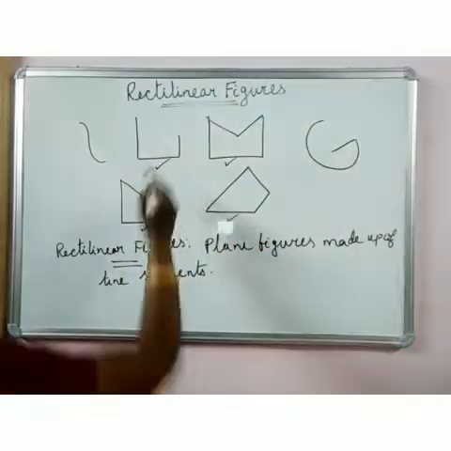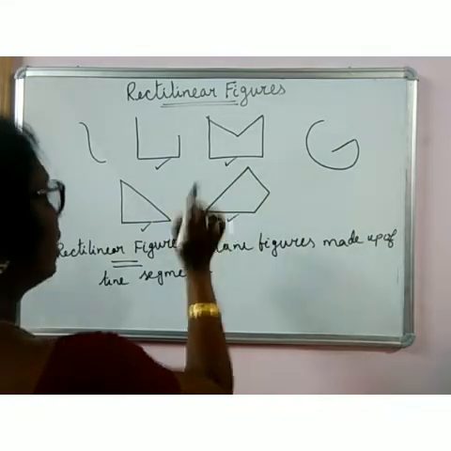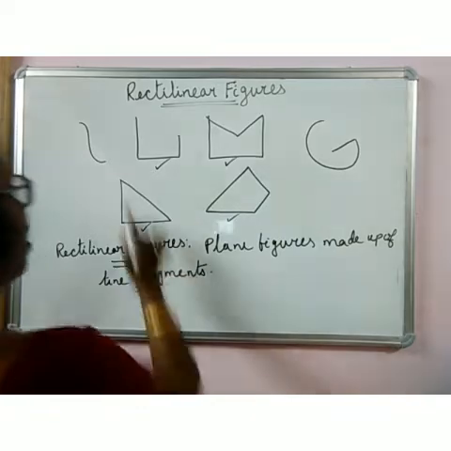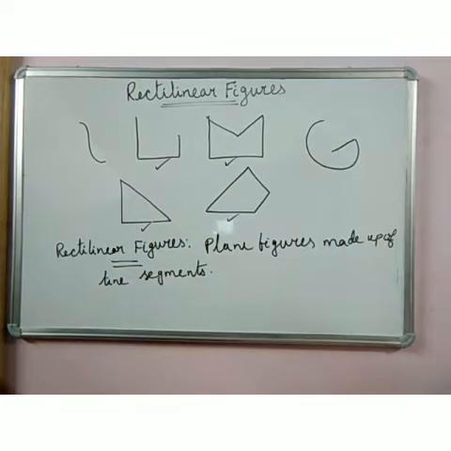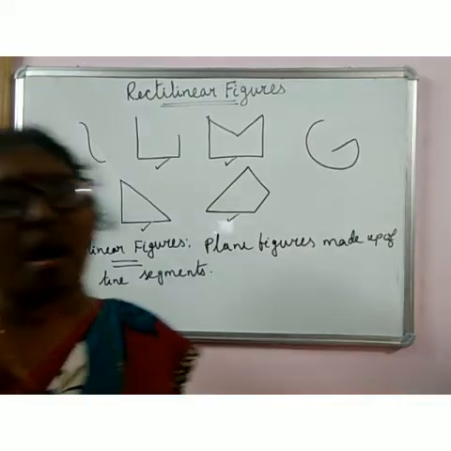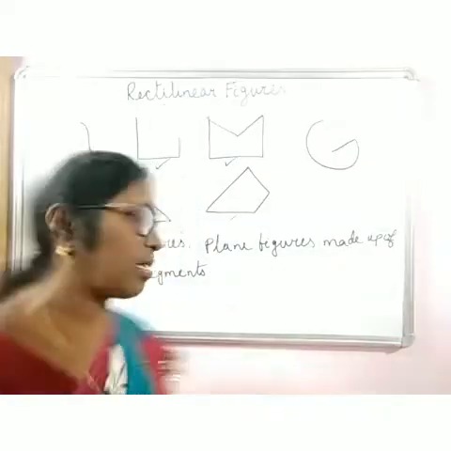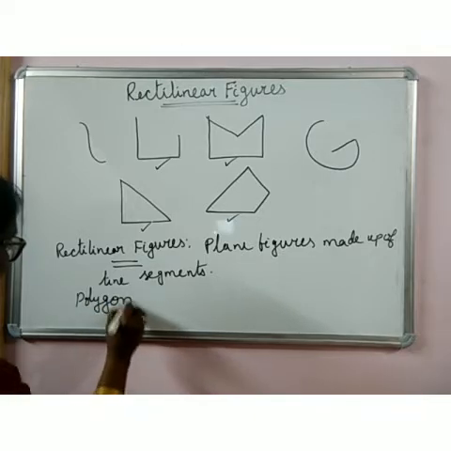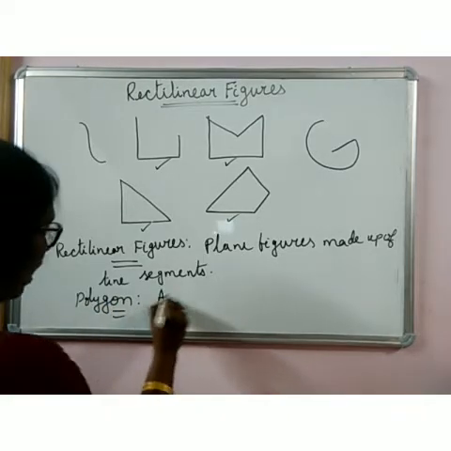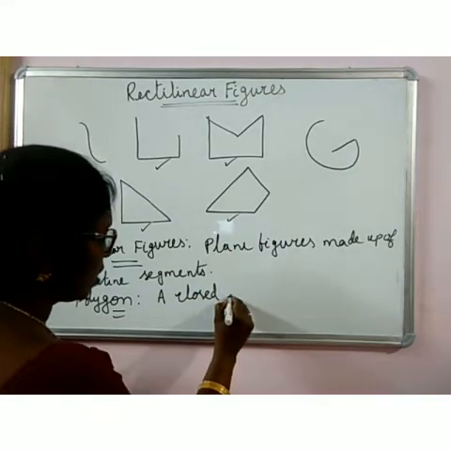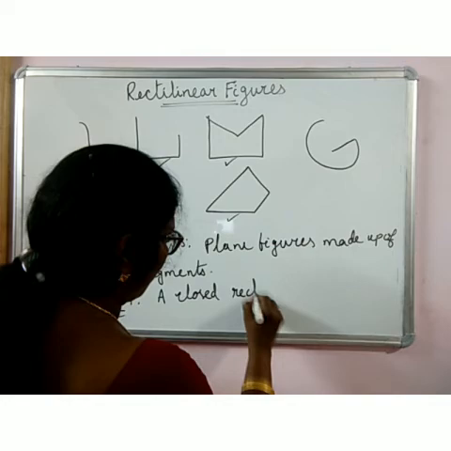That means you see these four are rectilinear figures because they are made up of line segments, but the figures made up of line segments and also closed are said to be polygons. So what is a polygon? A polygon means a closed plane figure, or we can say a closed rectilinear figure.